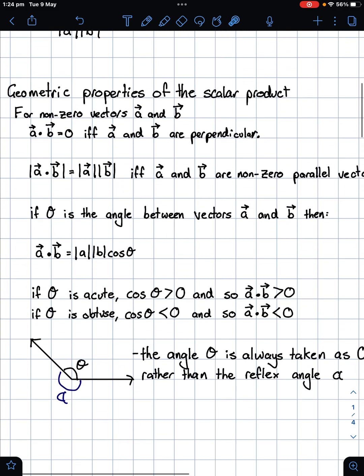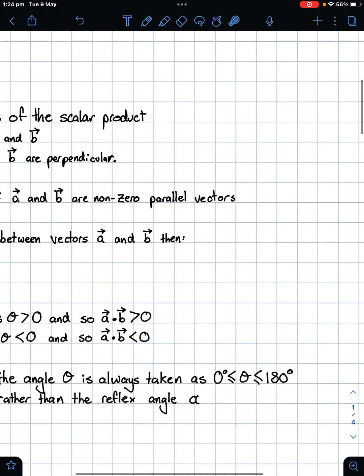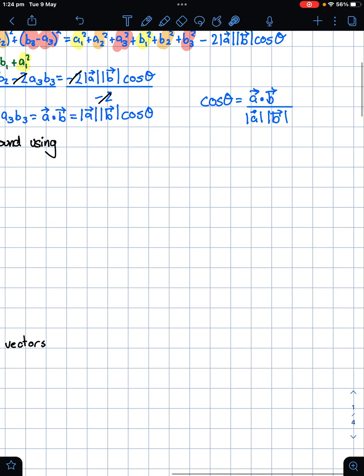Now this next thing, if the dot product equals the product of the lengths, so if this equals this, it means that cosine theta equals 1. Now we should know from trig that means the angle theta is 0 or 180 degrees.